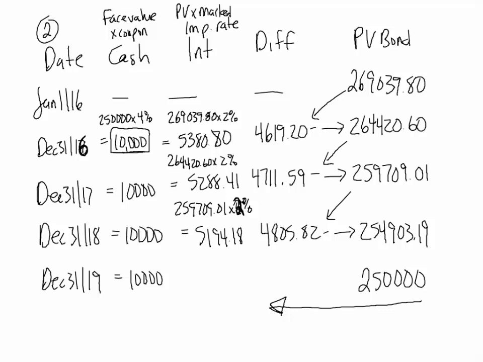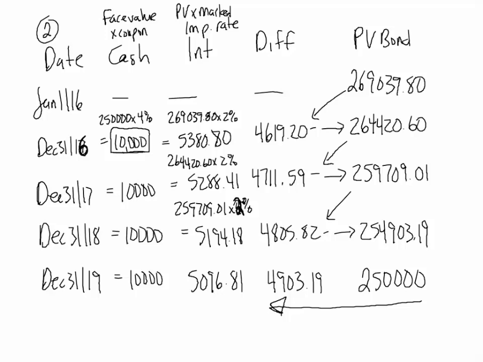There's always going to be a slight rounding error. So if you use the percentage, you're never going to end up with $250,000. So instead, we work backwards. We know this has to be 4903.19. And if we take the 10,000 and subtract the 4903.19, it's going to be equal to 5096.81.